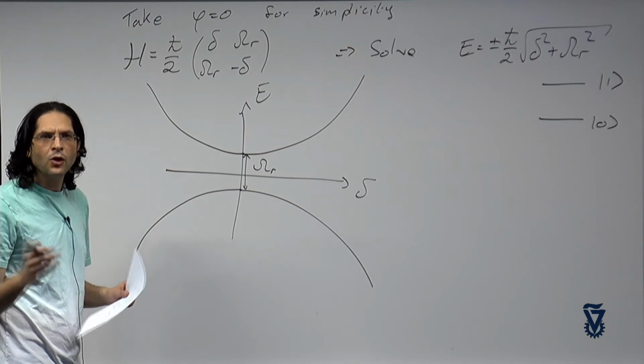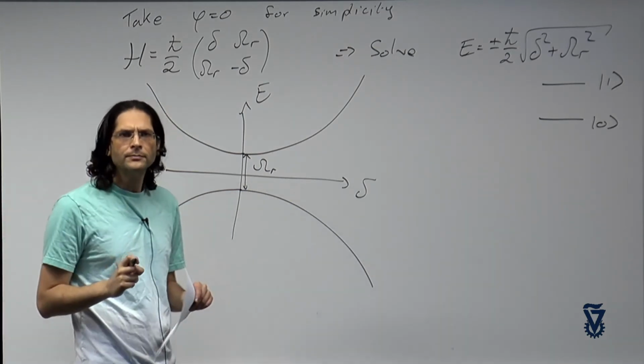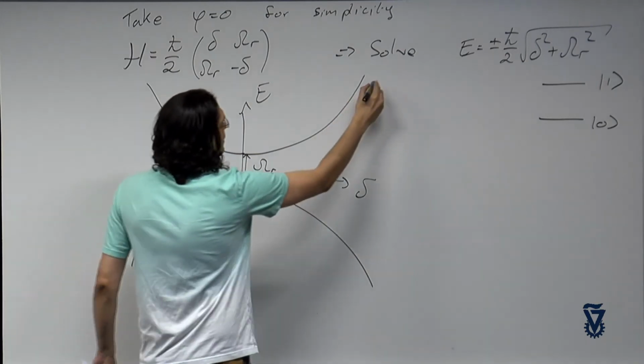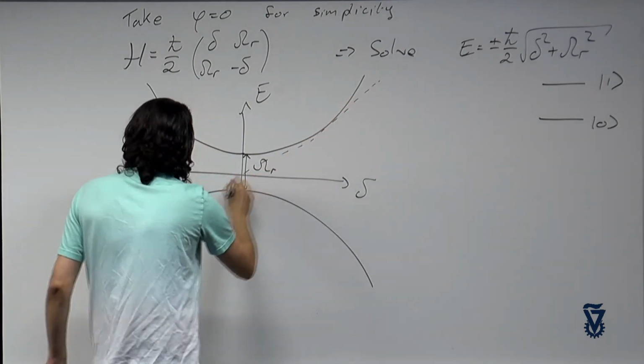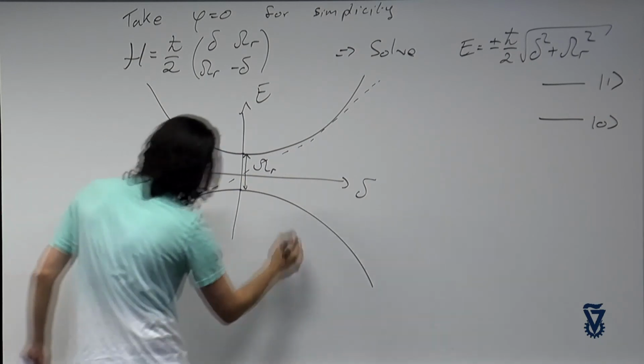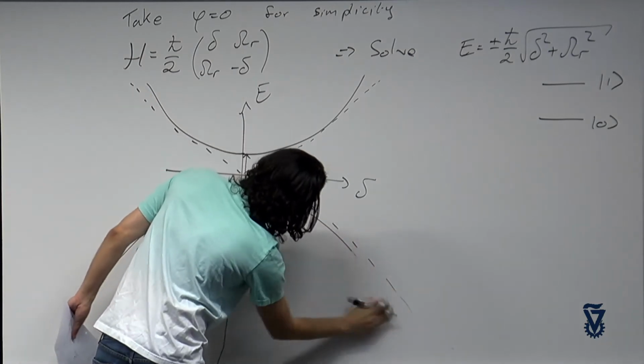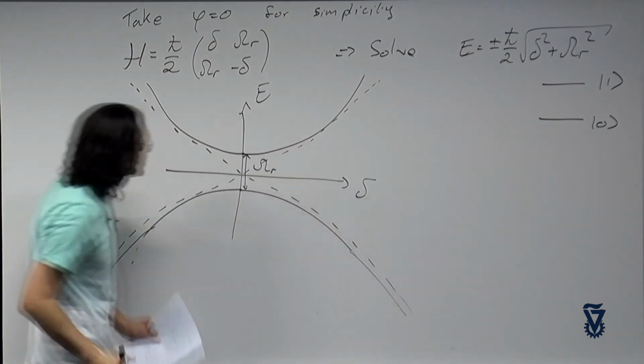Now if we take this omega r to be 0, so basically almost no field, then your solution will look something like this. So these are the asymptotes for the solution of a 0 driving amplitude.